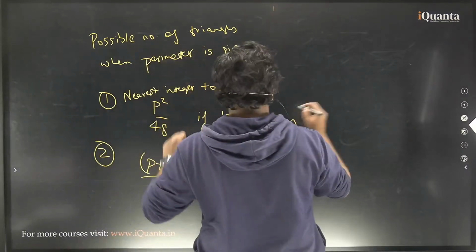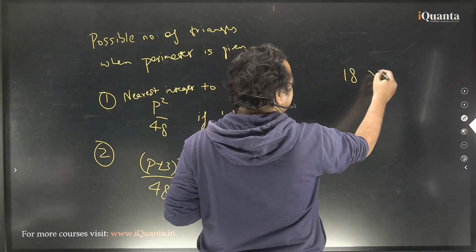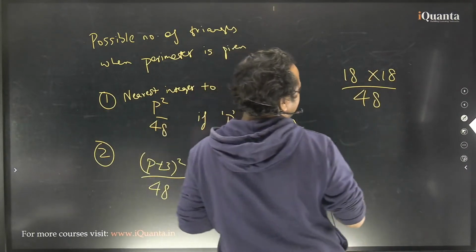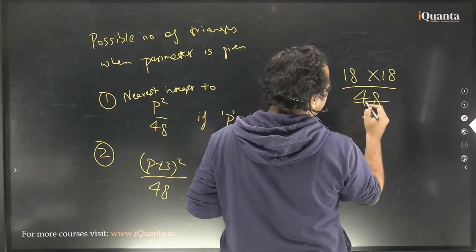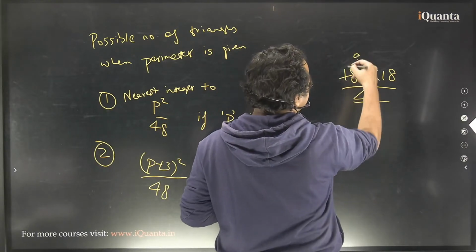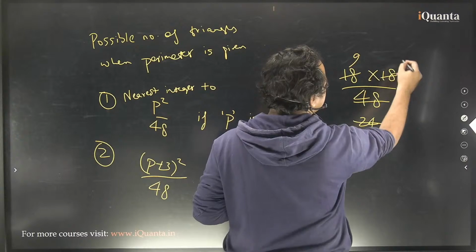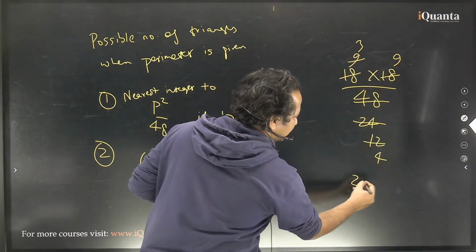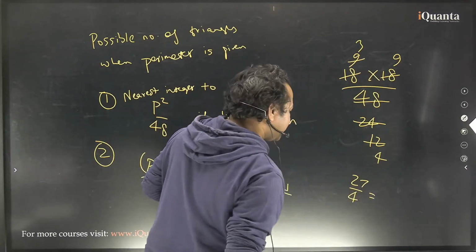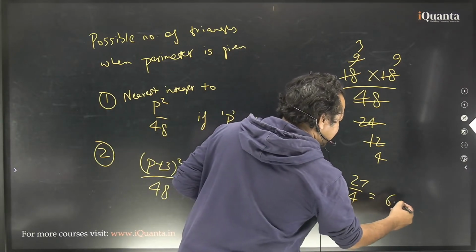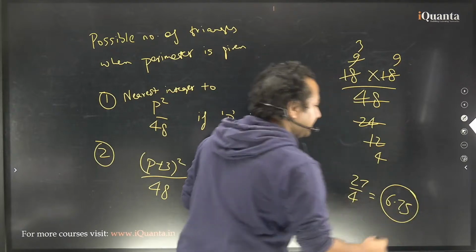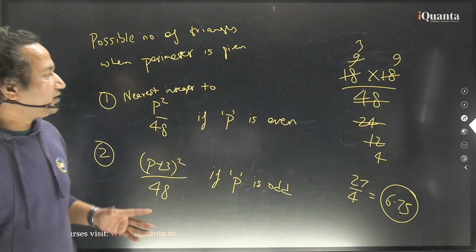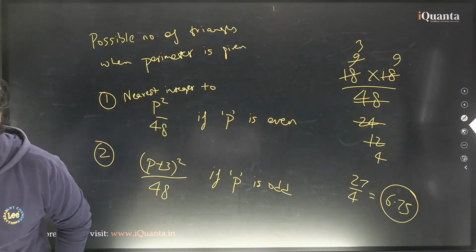I just tell you p²/48, so put 18 into 18 by 48, and this will be very easy. 2 24s are, here we have 2 9s are, again 2 12s are, we have 2 9s are here, 3 3s are, 3 4s are. 27 by 4 is what we get. 27 by 4 is equal to how much? 6.75. तो इसका क्या नियरेस्ट इंटीजर? 6.75 का नियरेस्ट इंटीजर कौन सा था? 7. So answer is 7.